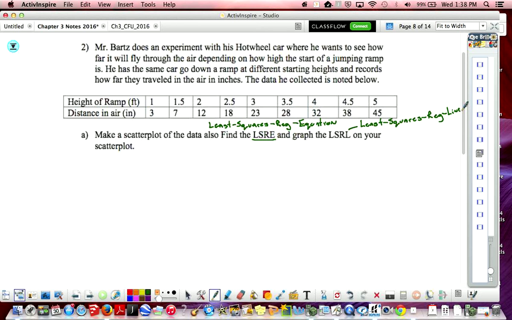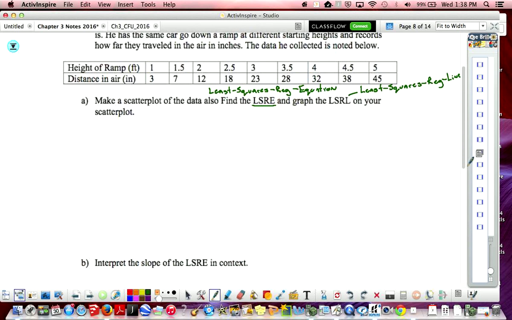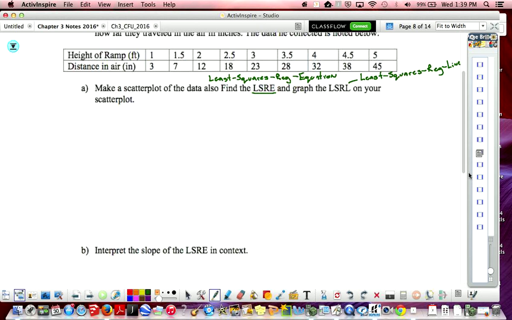We're going to show you how you do this on your calculator today, and we'll talk in even more detail about these equations and how we get them. First of all though, it wants us to make the scatter plot. So I'm going to draw X and Y axes real quick here.